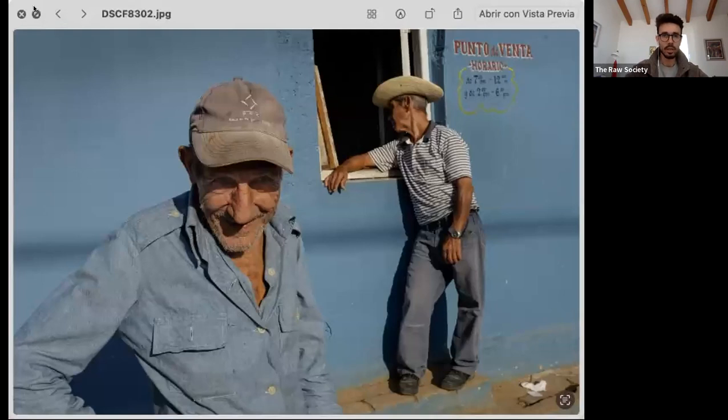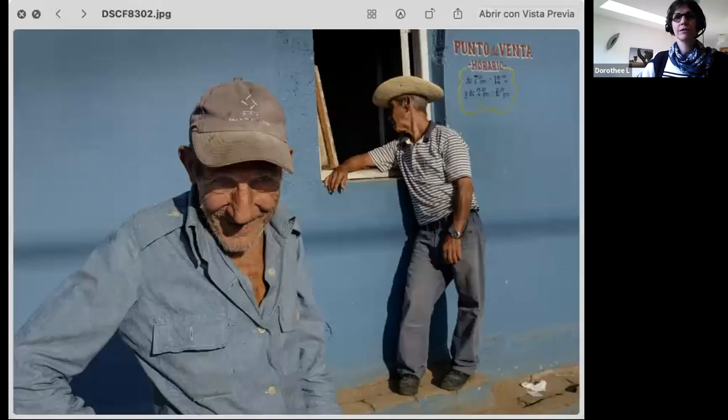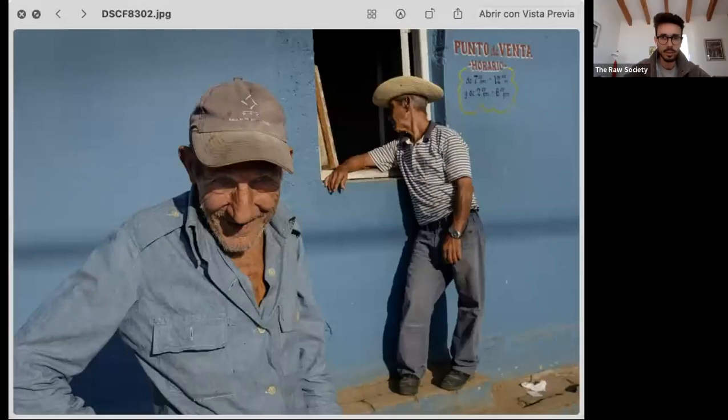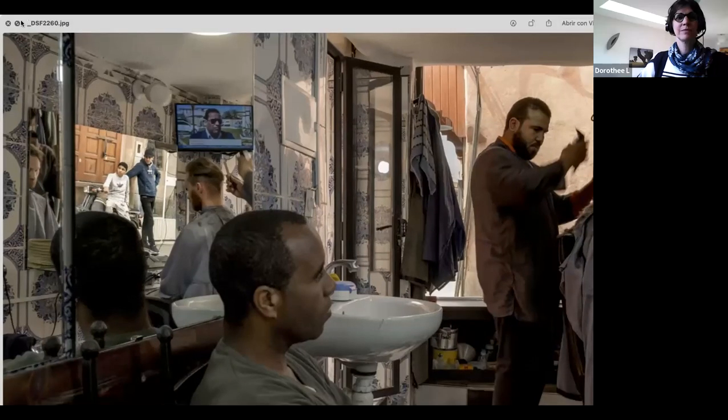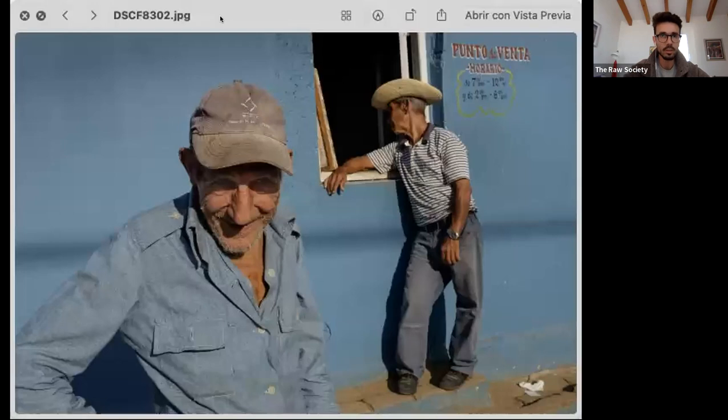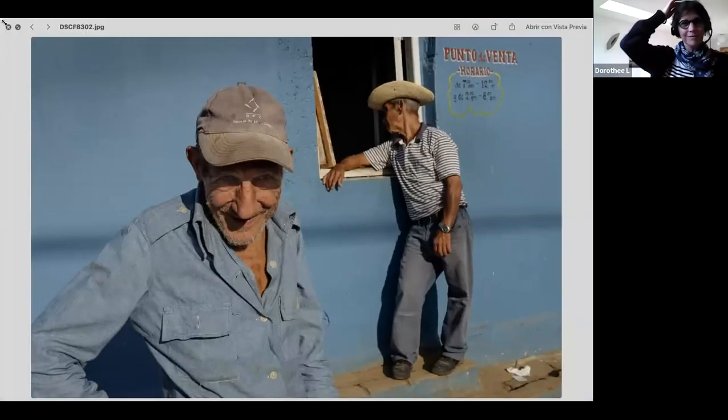Okay. Let me know if you can see the screen, the pictures, properly. There it is. Now it's better. Okay, can we see the picture? These two Guajiros in Cuba.